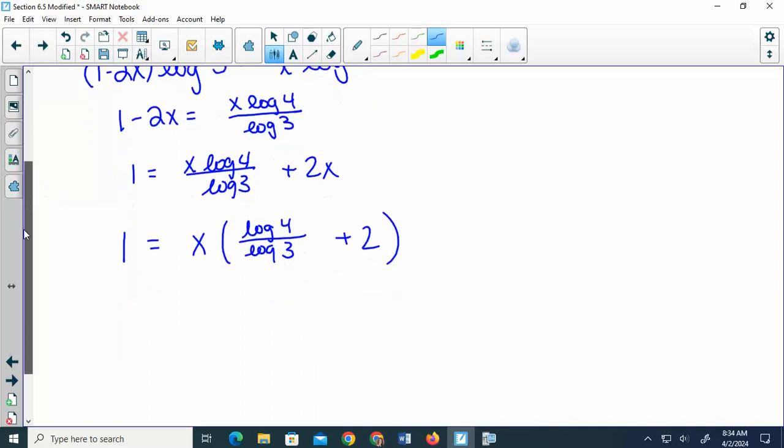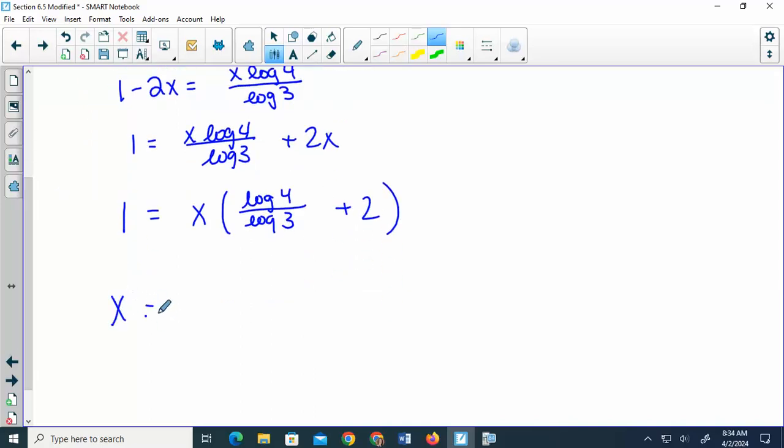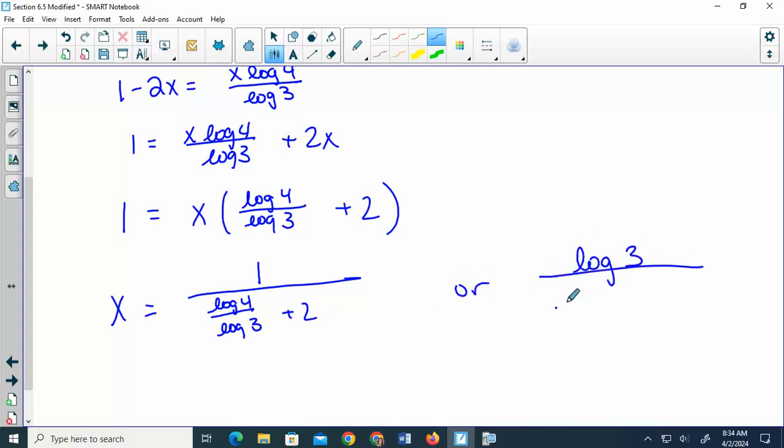And now to get x by itself, you would divide. So we have this beautiful thing to plug in. If you had done it the other way with distributing or decided at some point you wanted to multiply your log 3, it would have looked like this. So these are equivalent depending on which way you did it.